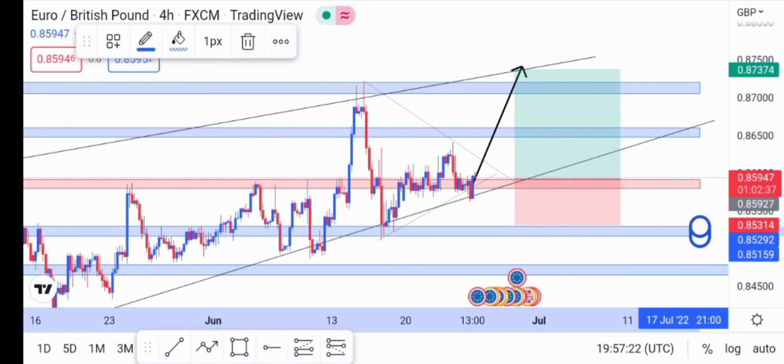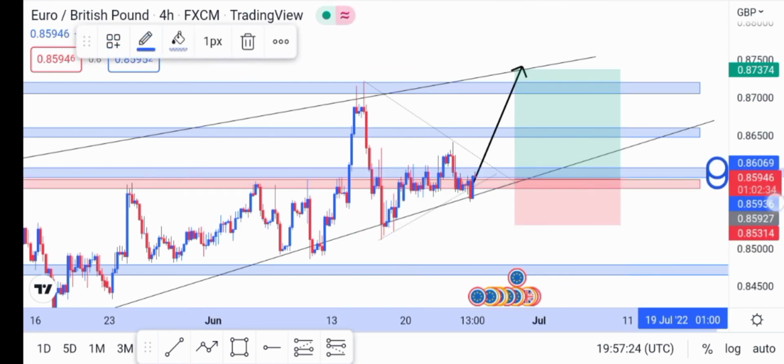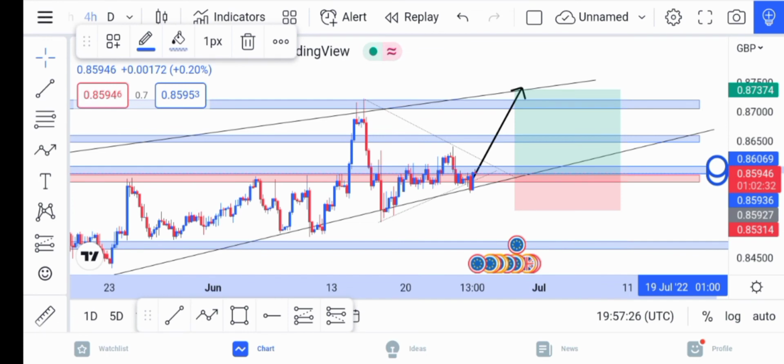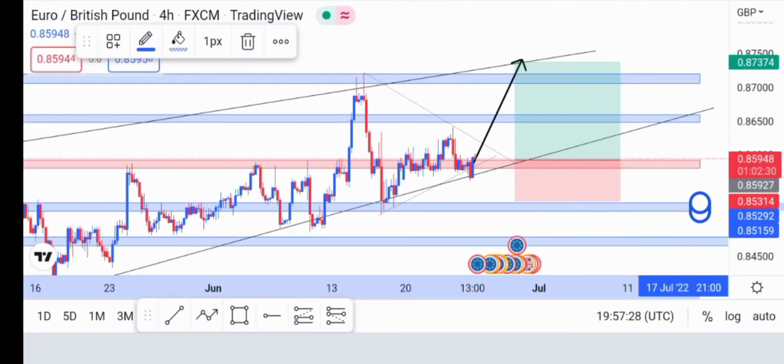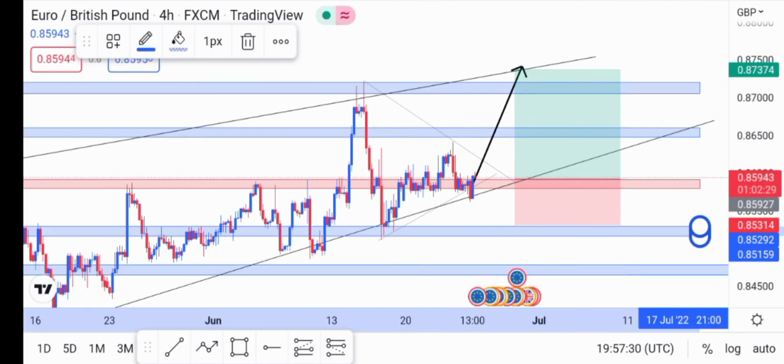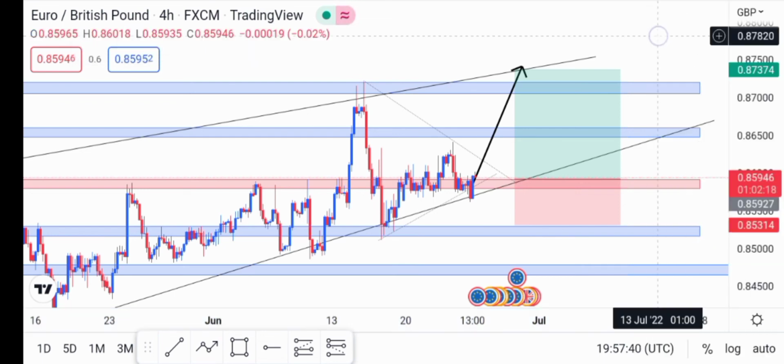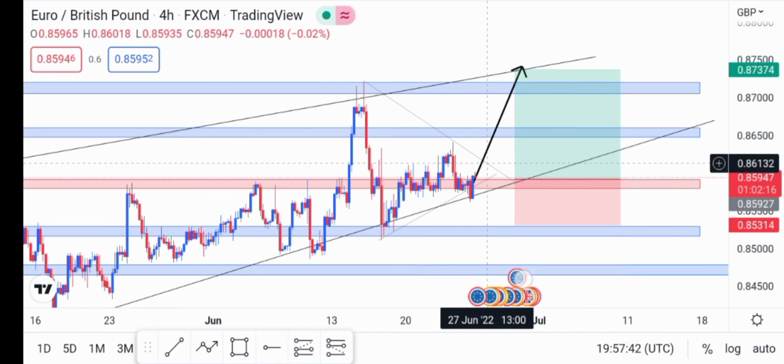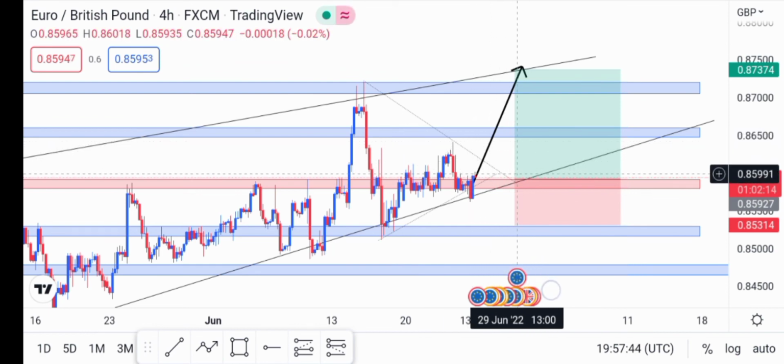So this should be a trade on EURGBP. Please enter this trade carefully. Those who are using small accounts, enter the trade the moment you see a breakout on this downward trend line right over here, this dotted trend line. Enter after you see the breakout.